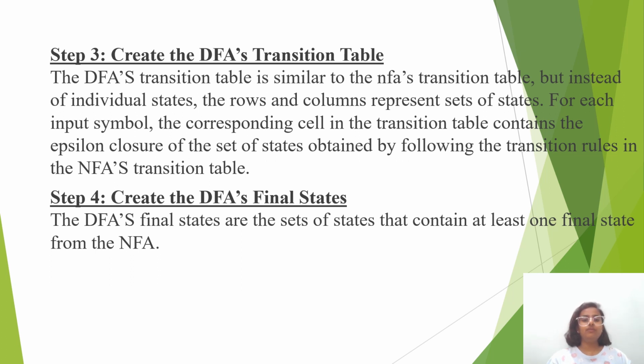For each input symbol, the corresponding cell in the transition table contains the closure of the set of states obtained by following the transition rules in the NFA transition table. Step 4. Create the DFA final states. The DFA final states are the sets of states that contain at least one final state from the NFA.